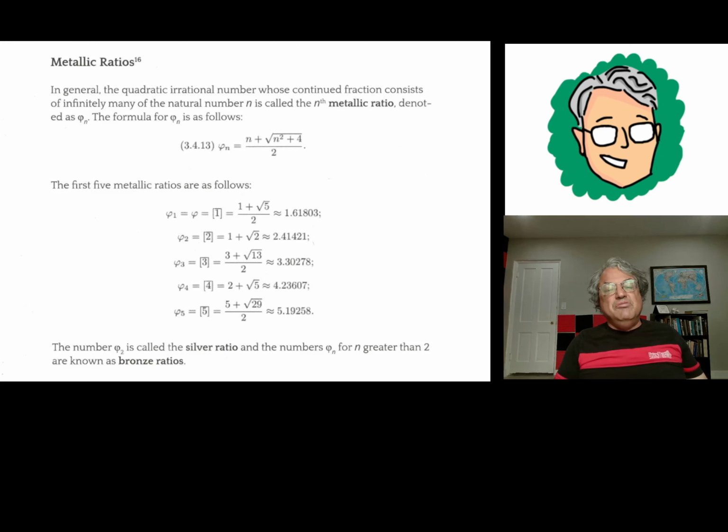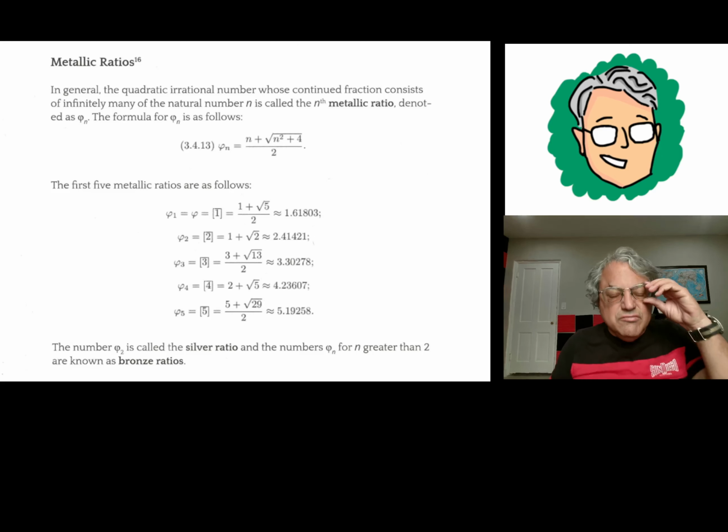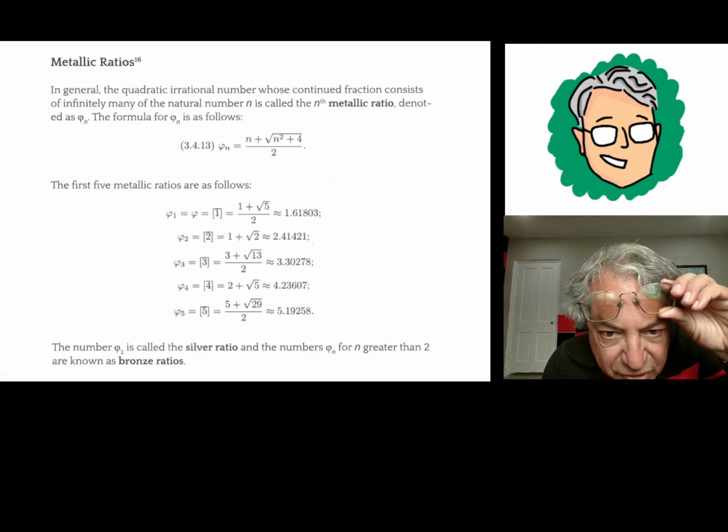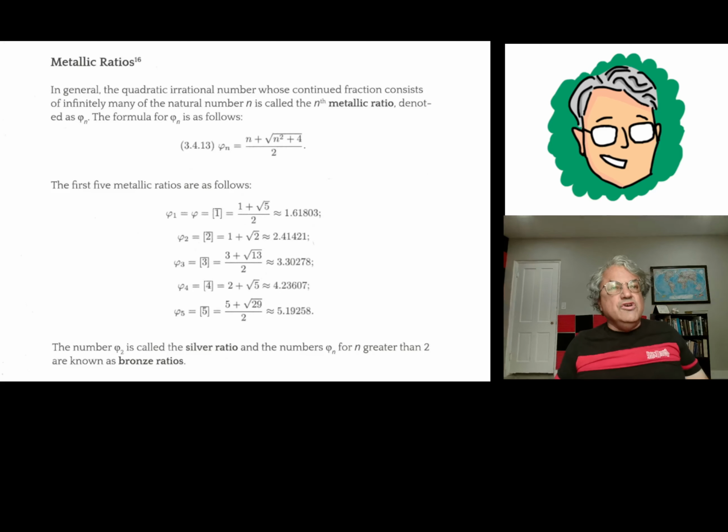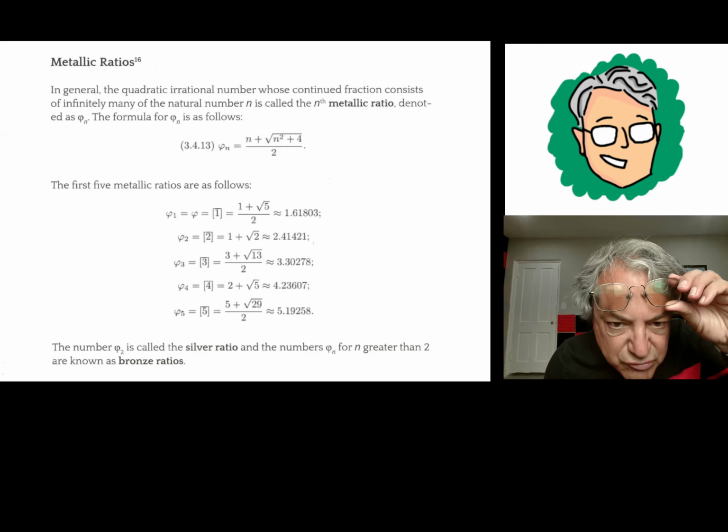Don't ask me why, but it is. And it's approximately 4.23607. And finally, the fifth one, I don't think that has a name. I guess the metals get so cheap you don't want to keep naming them. They're just metals. So the fifth one is 5 plus square root of 29 over 2, which is approximately 5.19258.